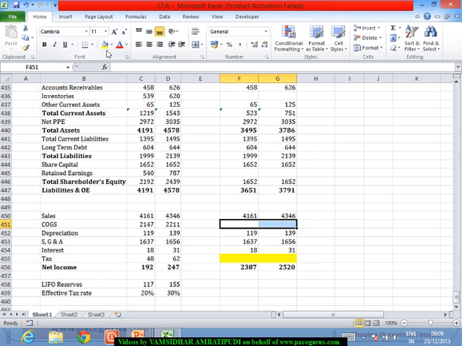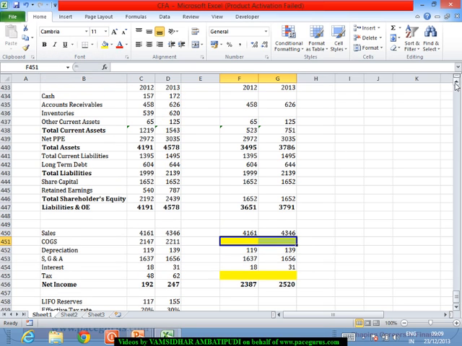The cost of goods sold will have an impact based on the inventory valuation method. And when it comes to the balance sheet, I see that cash will be impacted, the inventories will be impacted, and the retained earnings will be impacted. So these are the numbers that change.